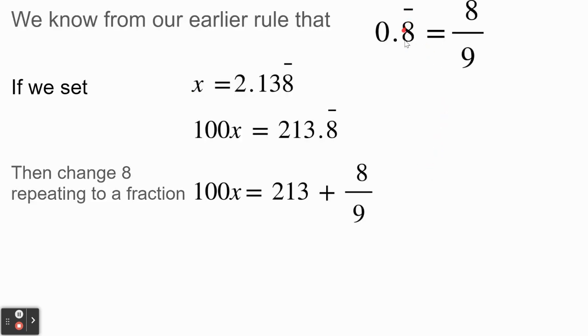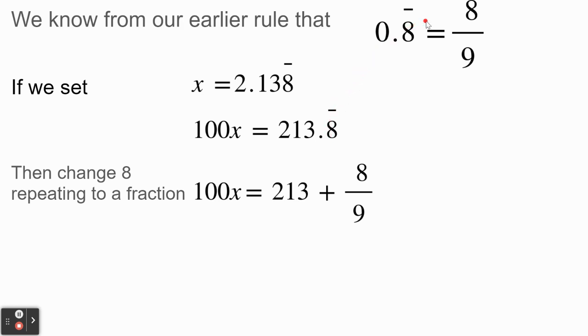Well, I know 0.8 repeating is 8 ninths. So if I can get this 2.138 into 2.13 plus 0.8 repeating, then I can switch the 0.8 with the fraction 8 over 9. So x equals 2.138 repeating, I multiply it by 100, I've got 213.8 repeating.